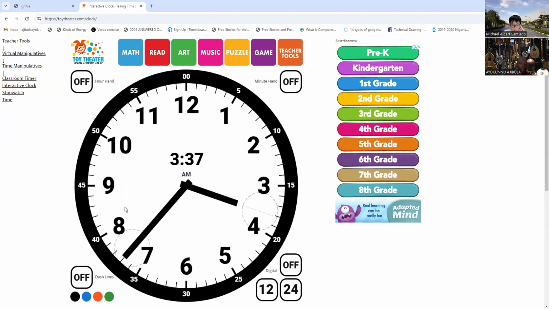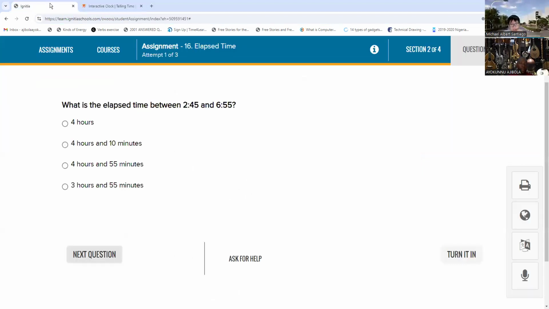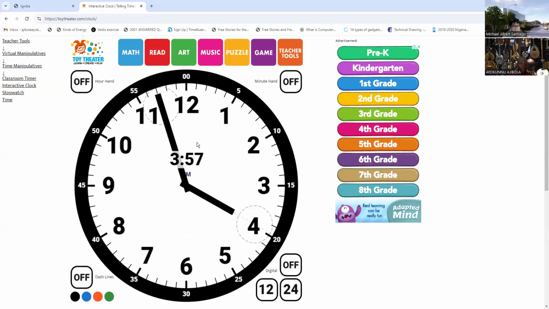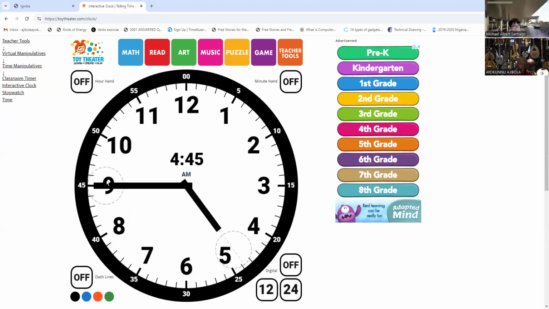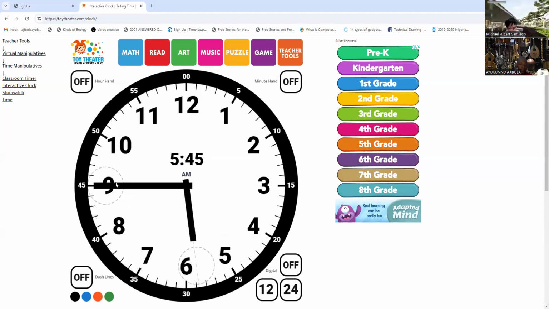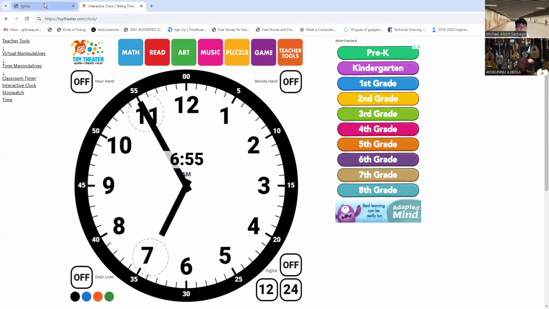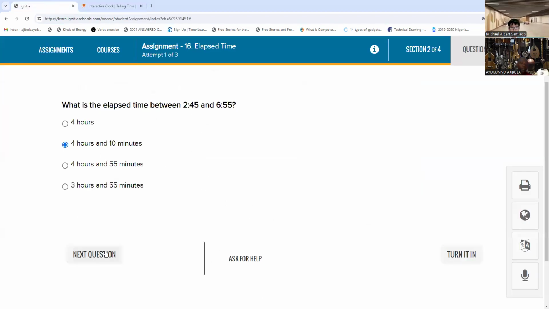If it goes round, that's an hour. That's 1 hour, and we're going to 6:55. So 2 hours, 3 hours, and that's 4 hours. Then 2:55, 5 minutes and 10 minutes. That's 6:55. So that's 4 hours, 10 minutes.